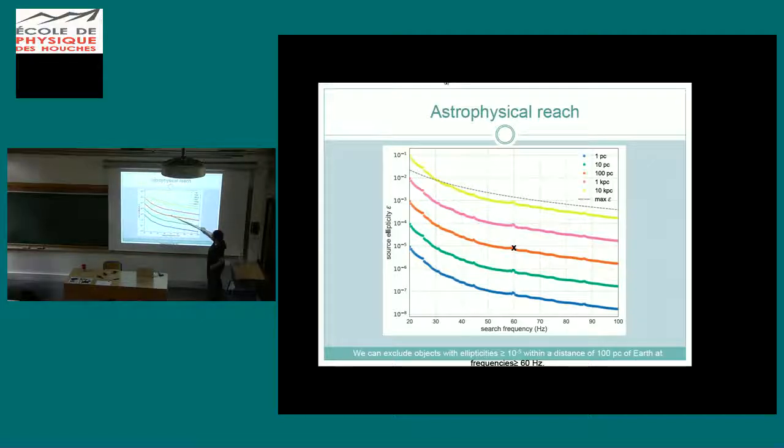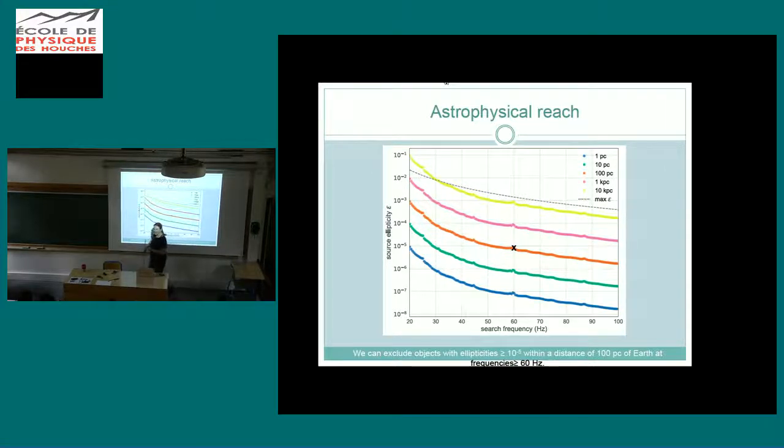It says basically that we can exclude objects with ellipticities greater than about 10 to the minus 5, which is a perfectly reasonable number, within a distance of 100 parsec from Earth at frequencies greater than 60 hertz over the entire sky.